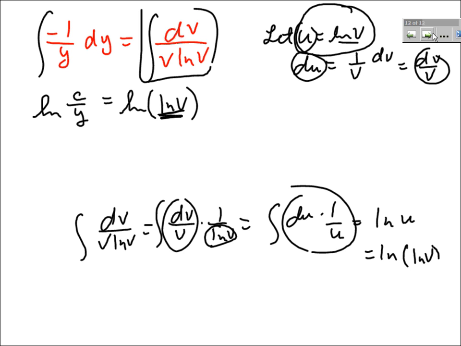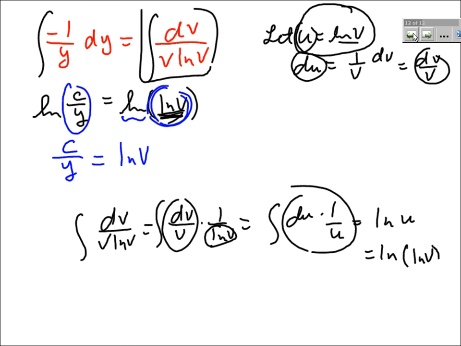Don't think for a moment that has ln in it. You have ln of one thing is equal to ln of another thing. So these things must be equal.